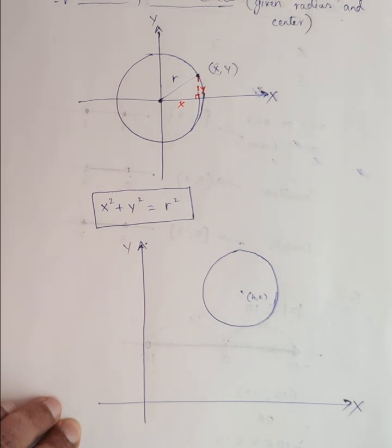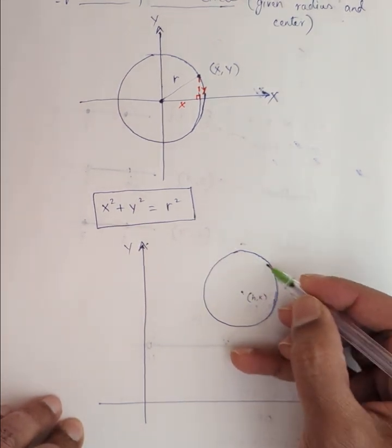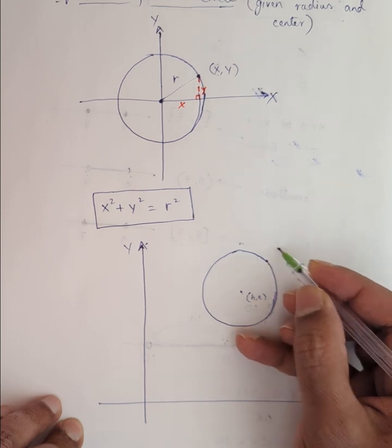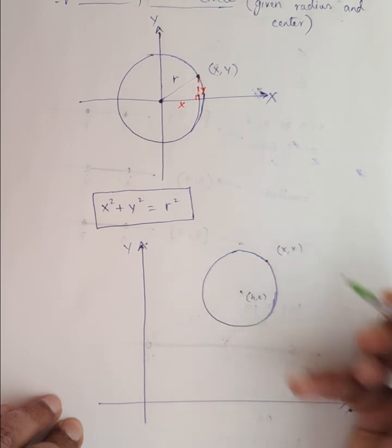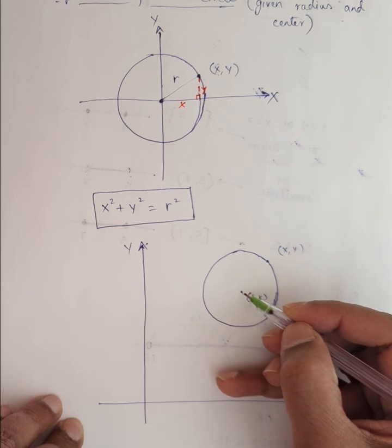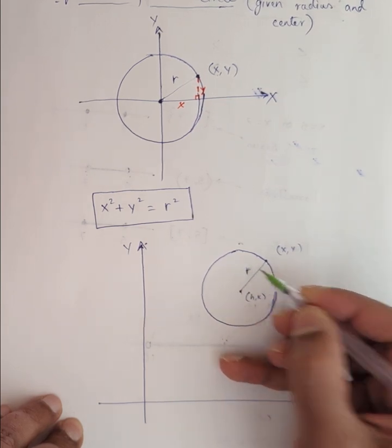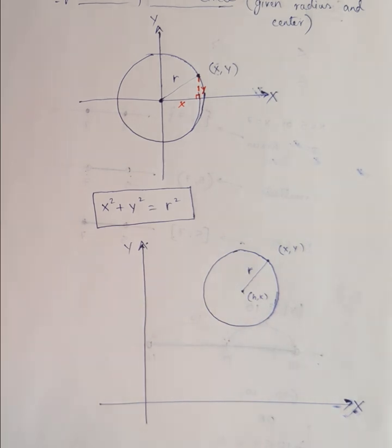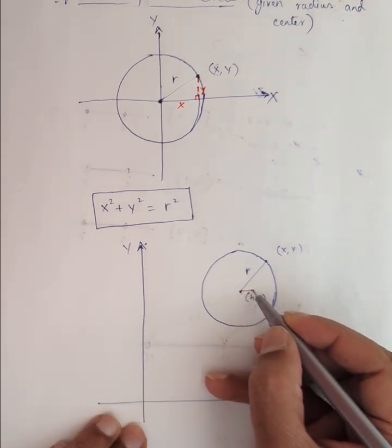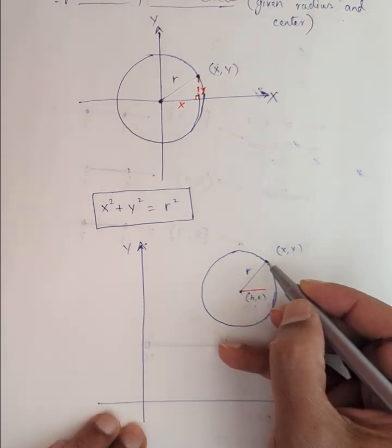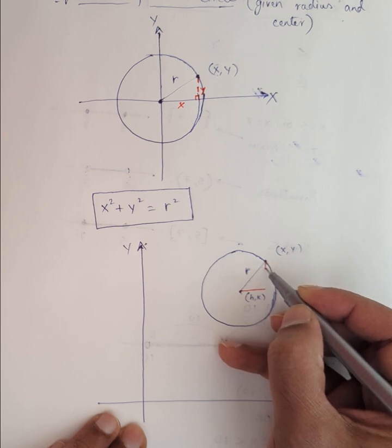Now we can use the same idea. We can say that any point, if it's x comma y, is at a distance of r, and this time I can complete the right triangle, but the legs are not going to be x and y.